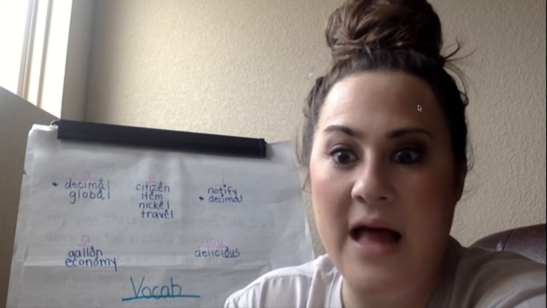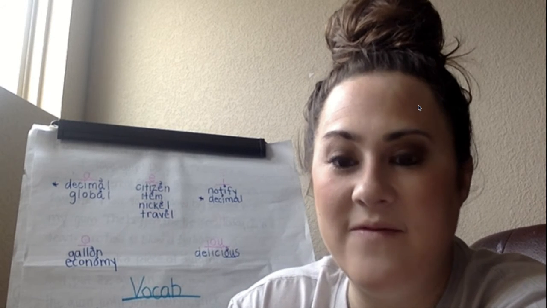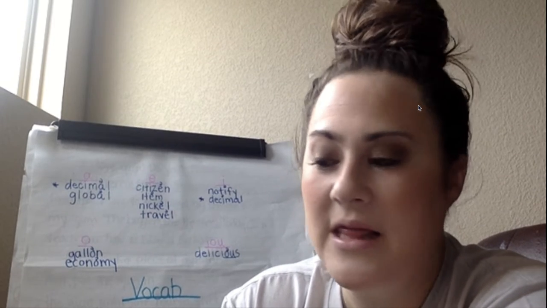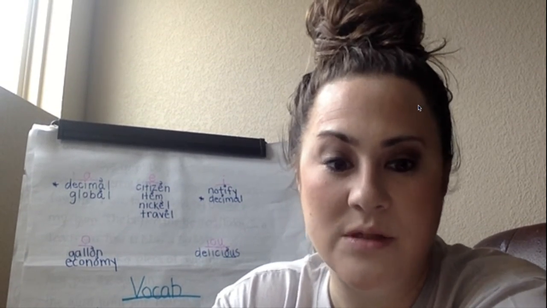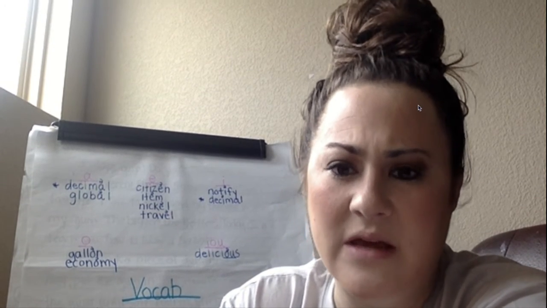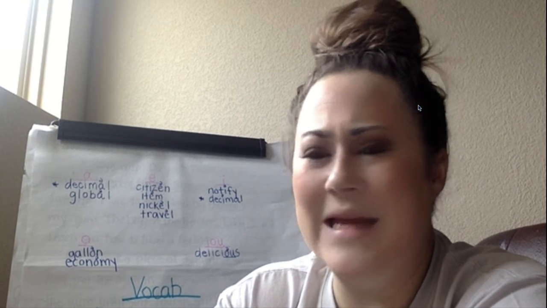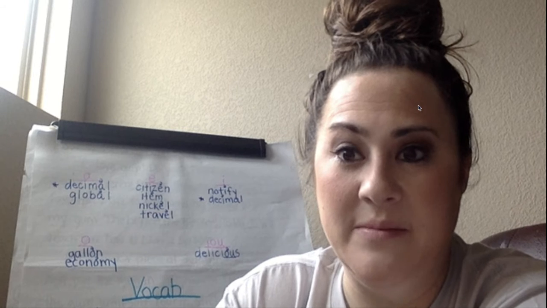O, we have gallon and economy. And then finally, we have IOU, which is delicious. Those three vowels have the schwa sound. I hope that clarified a little bit of the confusion. I know that this is a difficult idea to grasp. So if you have questions, please reach out to me.